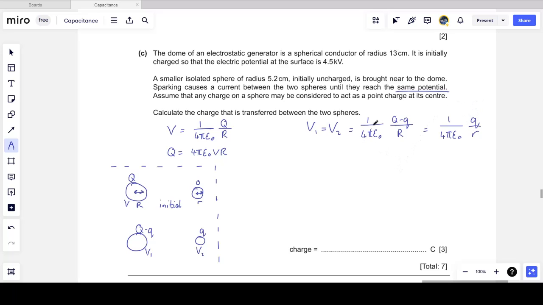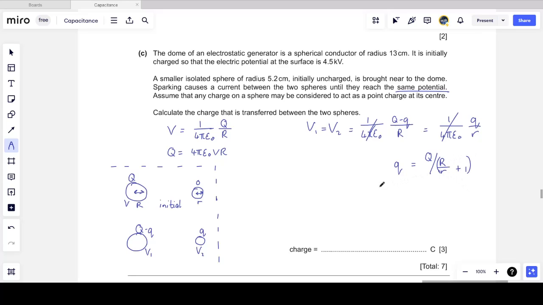And so you can see that the 1 over 4 pi epsilon naughts disappear. I have big Q minus little q over big R is equal to little q over r. I'll leave you to do the rest of the algebra, but what I get is little q equals big Q divided by big R over little r plus 1.